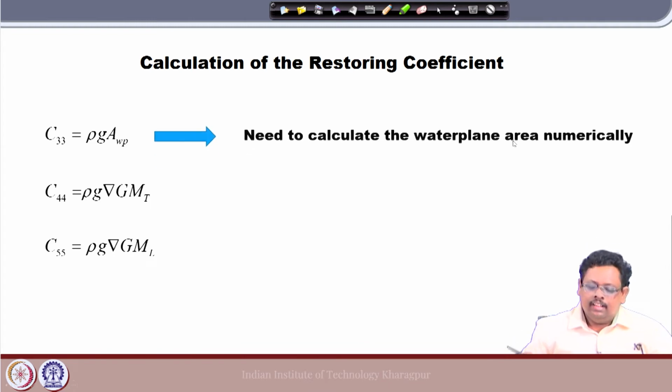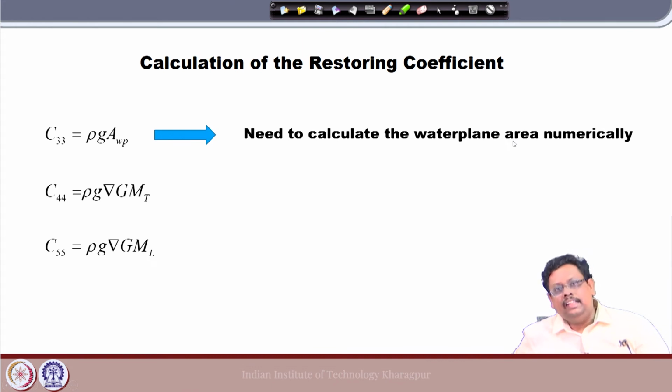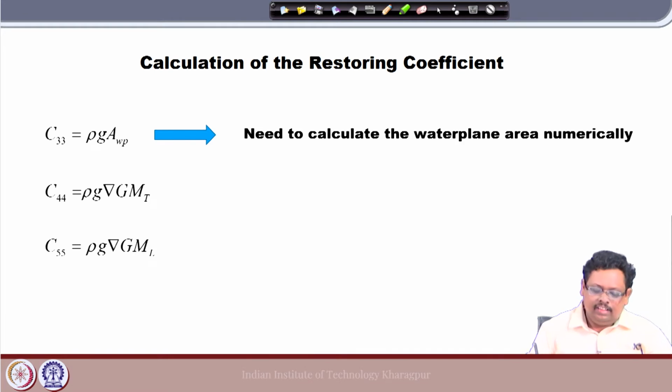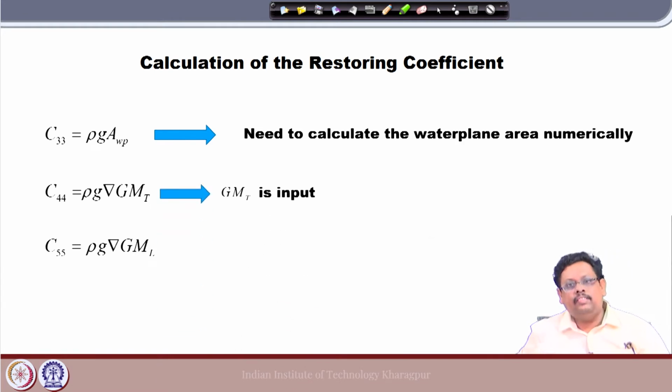Now, in C33, rho is a constant and g is constant, so the only thing we need to do is calculate the water plane area. In case of C44, rho g is known, and here nabla is the displacement.